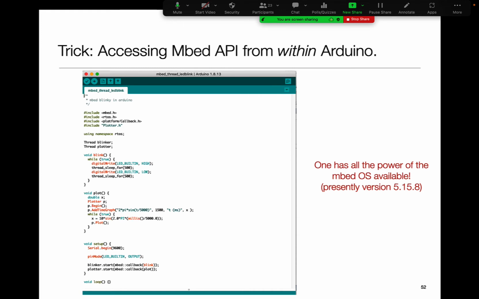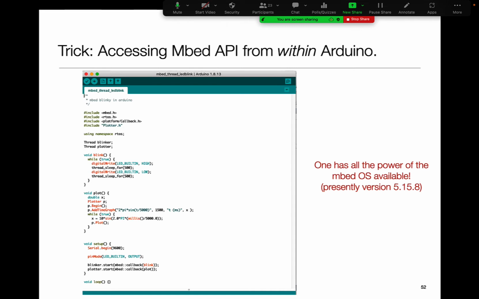But as this code shows, at the very top you see include embed.h, for example, so you import the Embed OS. It's already there, so there's nothing deeper happening. You just have to add it to your application, and then later you see, for example, we are able to run 2 threads.